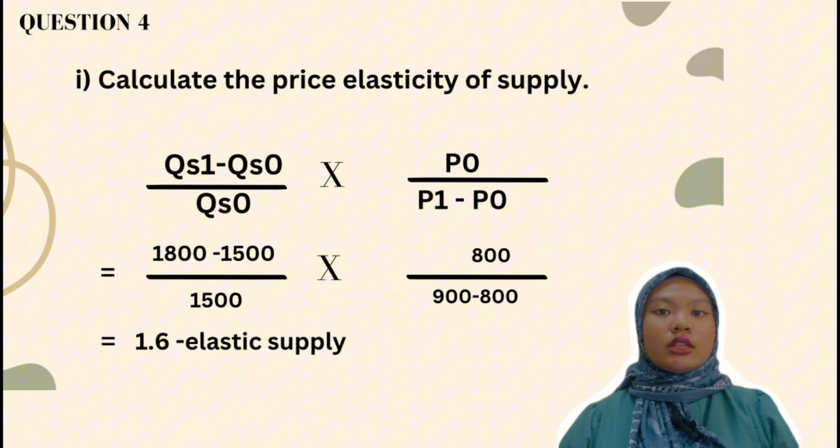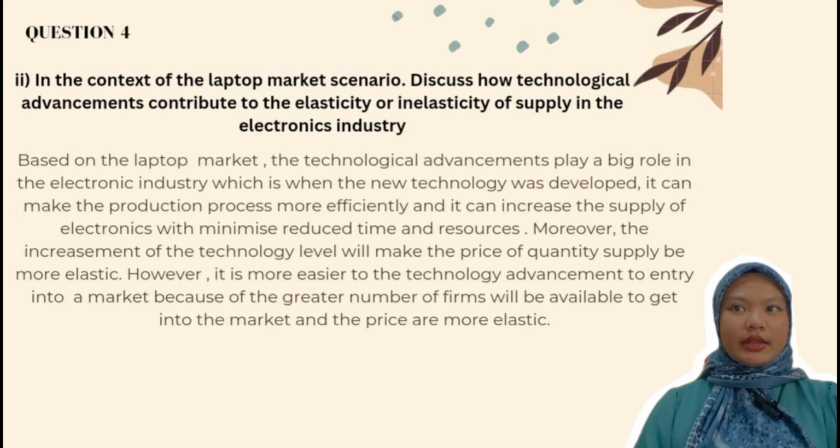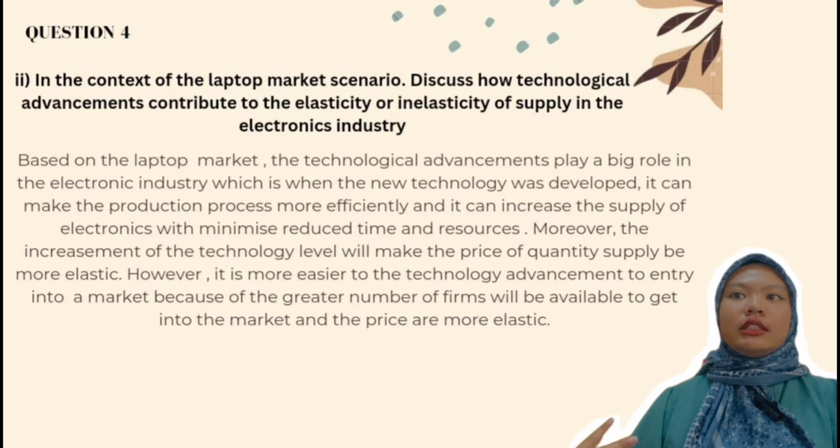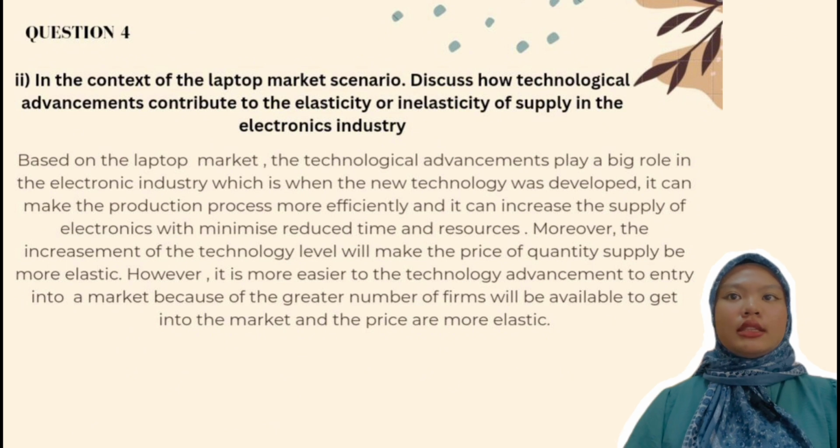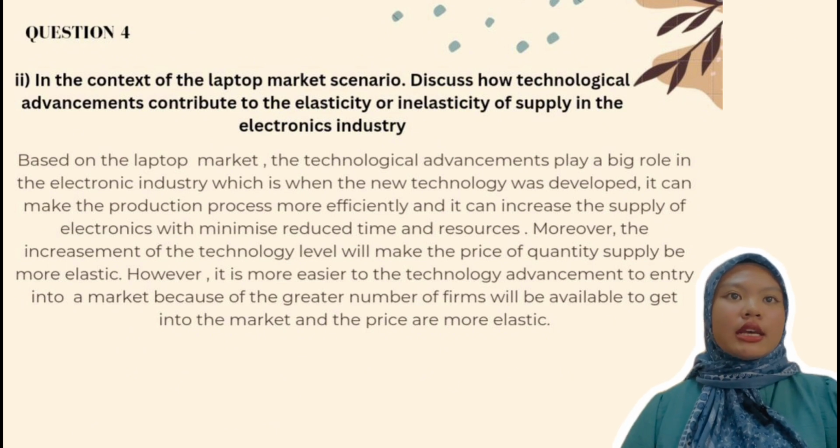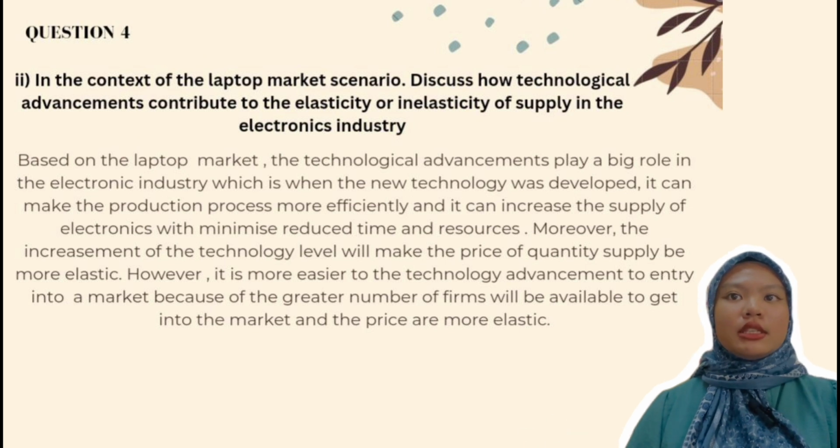So the answer is 1.6. It is elastic supply. So the second Roman is, in the context of the laptop market scenario, discuss how technological advancements contribute to the elasticity or inelasticity of supply in the electronics industry.